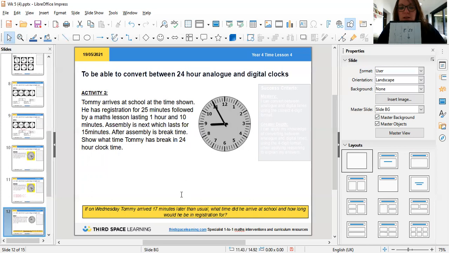Then I need to add on 1 hour and 10. So what you might want to do instead is you could add on 1 hour 35. Assembly is next, which lasts another 15. So then another 15. So then you've got 1 hour 50.